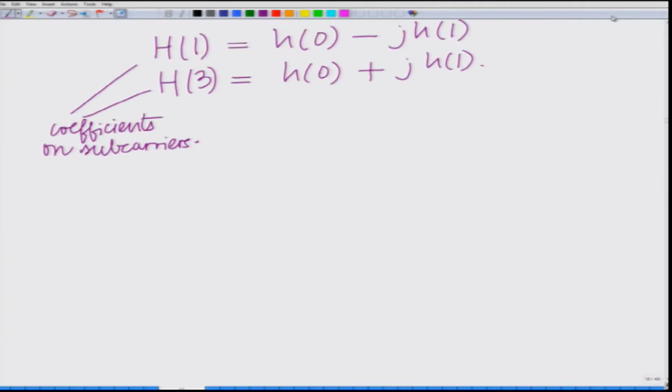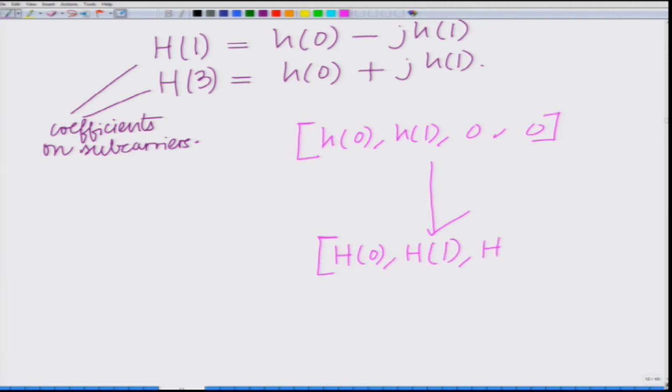The channel coefficients are derived by the zero padded FFT of the channel taps. So, I have h0, h1, h2 and h3, and I look at the N equal to 4 point FFT, the fast Fourier transform. The channel coefficients across the subcarriers, in the frequency domain, are given by the zero padded FFT of the channel taps in the time domain.